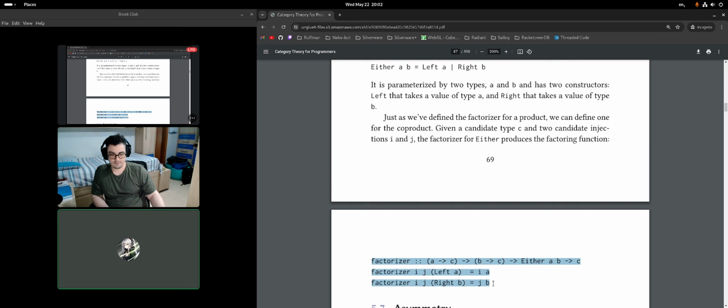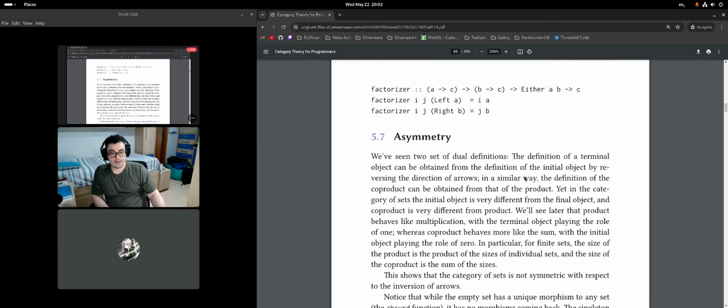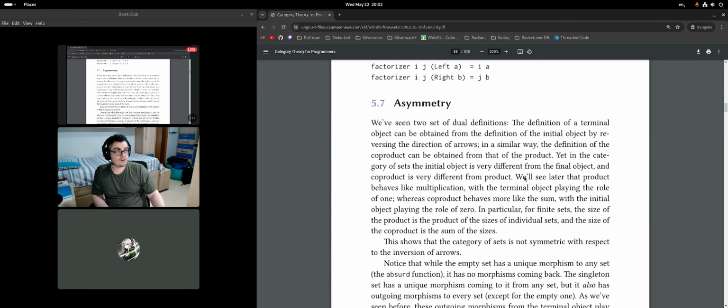Okay, and then to finish chapter 5, we have asymmetry. This is basically talking about how things that you would expect to be symmetric aren't symmetric. It starts by saying that the co-product is very different from the product.